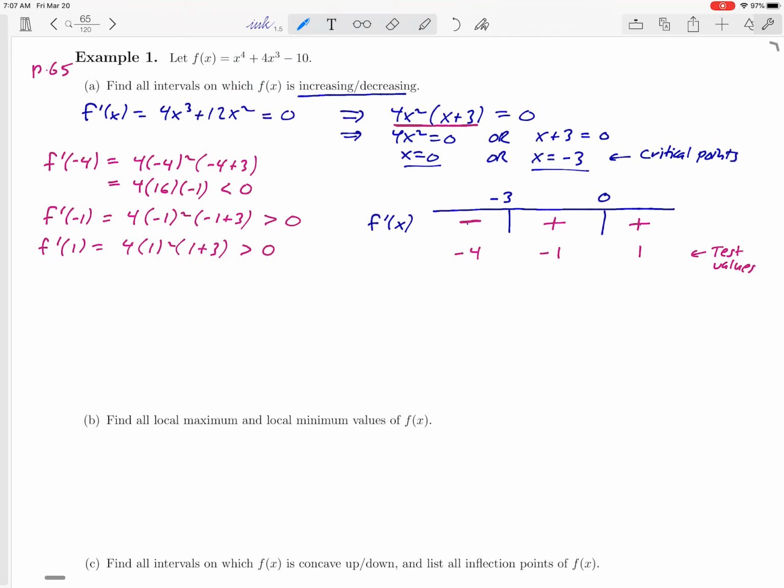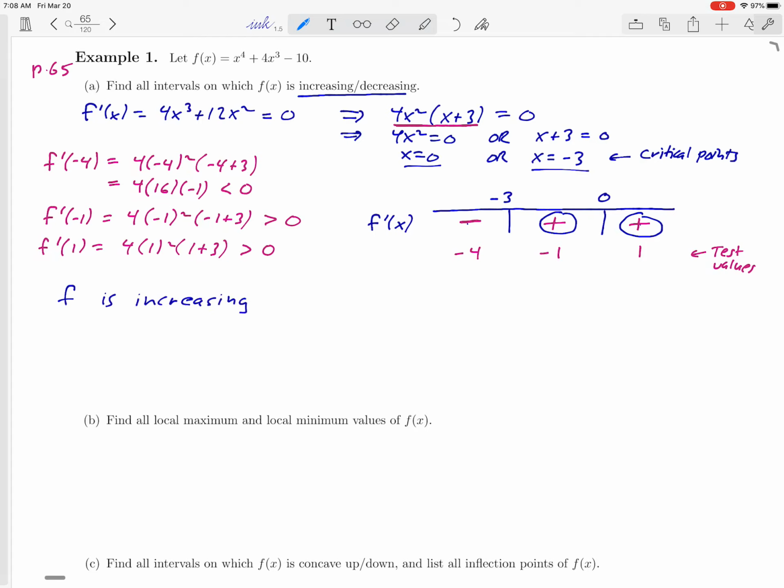Well, let's switch colors here again. So remember, for example, that the two plus signs that you see in the chart are telling us that the first derivative is positive in those two regions. And a positive first derivative, again, means that our function is increasing. So here's what we could say.